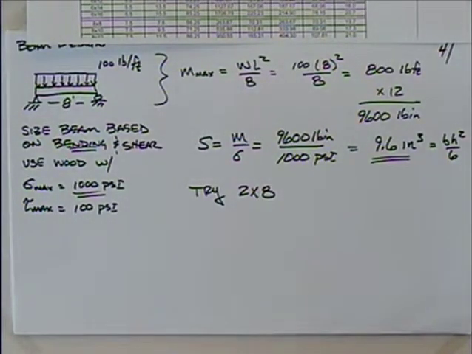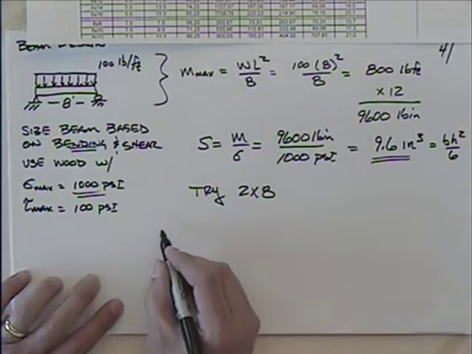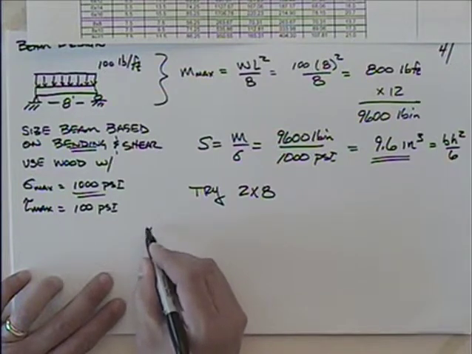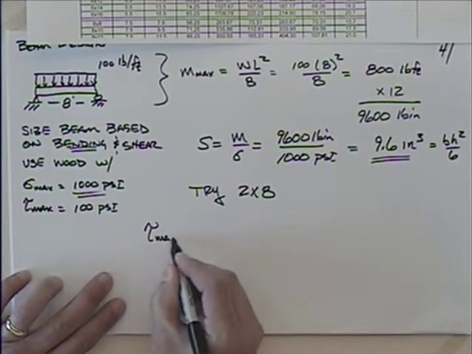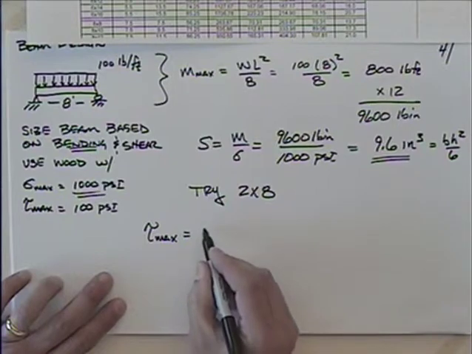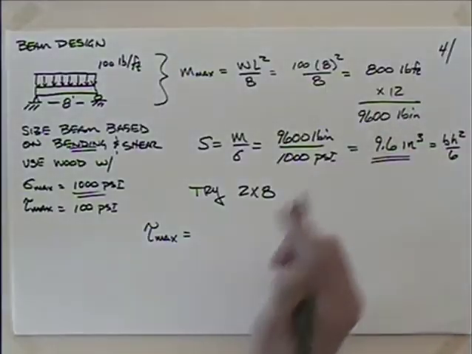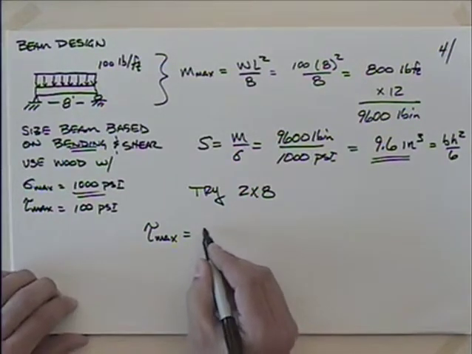We know we're good for bending, but now we need to try this for shear. So what's our shear max going to be on this? Well, shear max is equal to the equation that we just finished up with, that was 3/2 V over A, wasn't it?